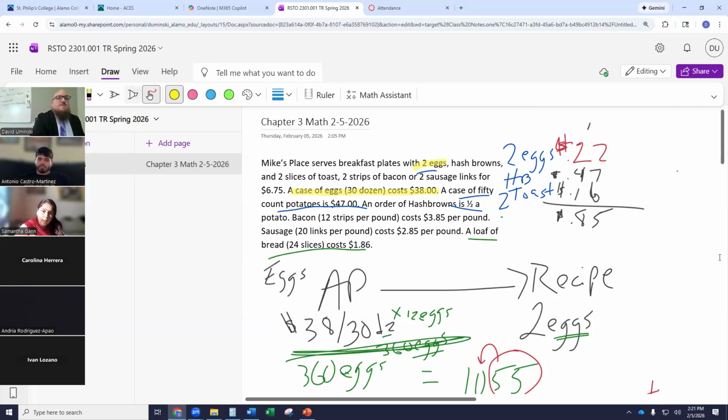I'm going to highlight in blue the bacon, 12 strips of bacon, and sausage is $2.85 per pound with 20 links per pound. So I want you to try to calculate that, and then we'll come back together. If you're online, you can put your answer for the cost of bacon or sausage in the chat.